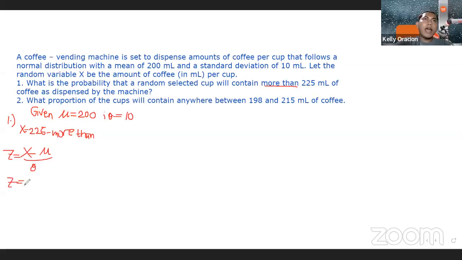Z-score is equal to x, which is 225, minus 200, over standard deviation 10. Let me call Jed Gantia. What is the z-score, Jed?